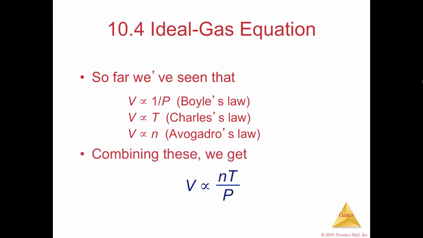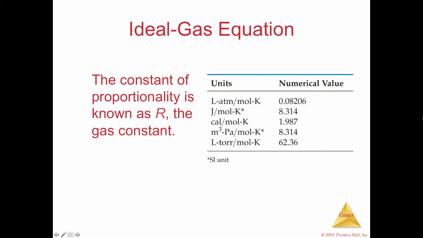So if we combine these theories, then we get this representation, that volume is proportional to the number of moles of gas times the temperature divided by the pressure. The constant of proportionality is known as R, or the gas law constant, and it can be expressed in many different units.